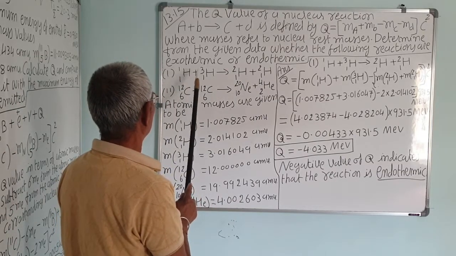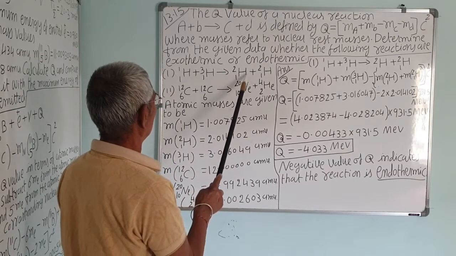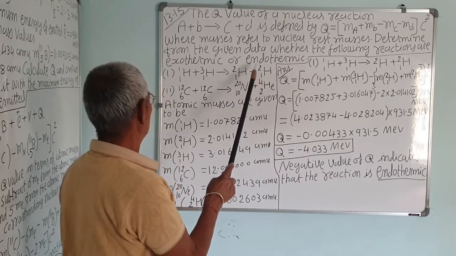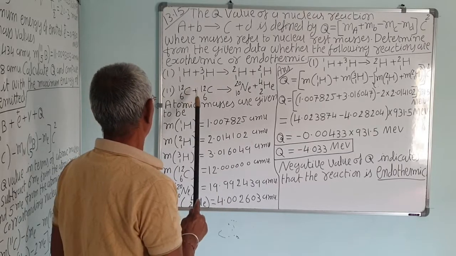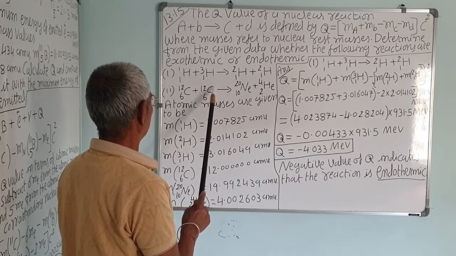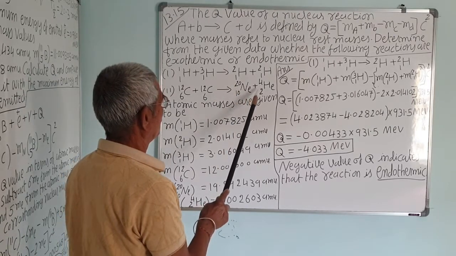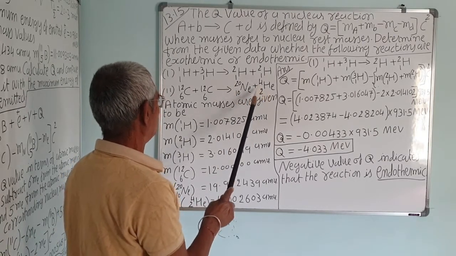For the first case, these equations are given. H11, that is hydrogen, plus tritium gives deuterium H12, two deuterium. The second is carbon C612 plus C612, two carbon atoms, gives neon 1020 plus He24.